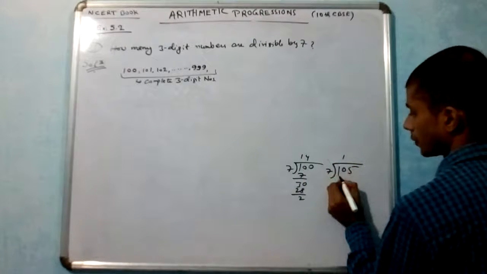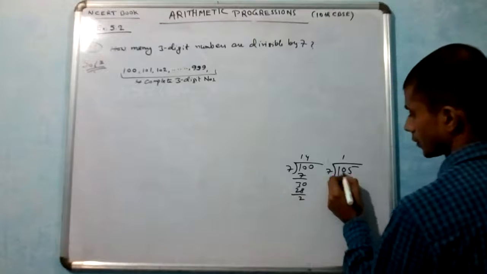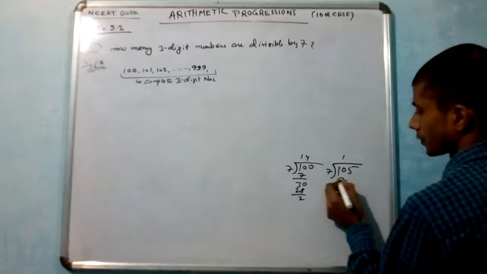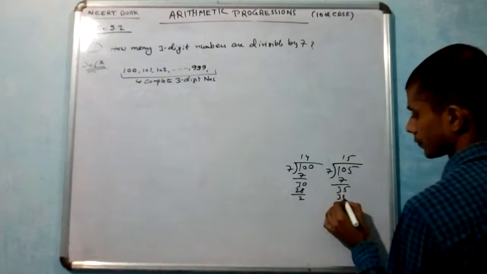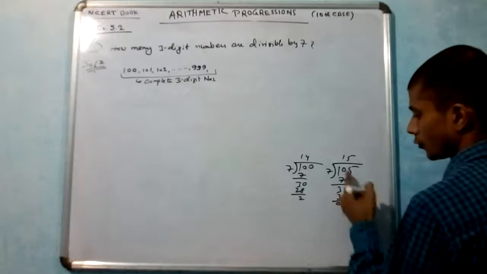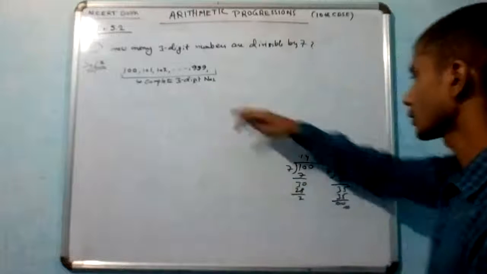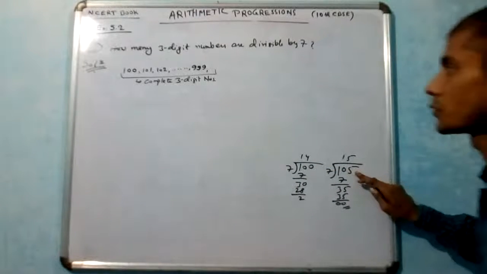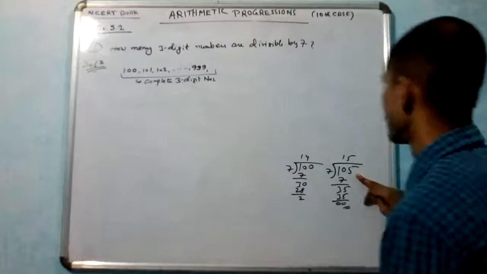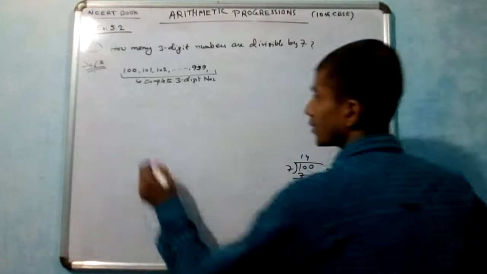103, 104 won't go. 7 on the 7, 3, and 35. 7 5s are 35. We got the first term. In the complete 3-digit numbers, we got our first 3-digit number which is divisible by 7.